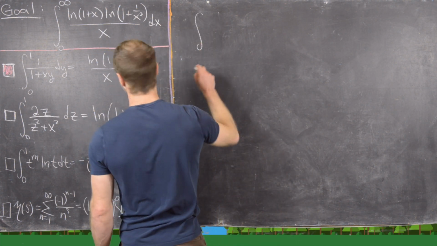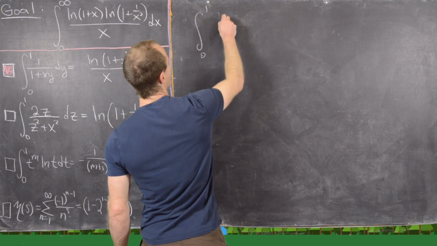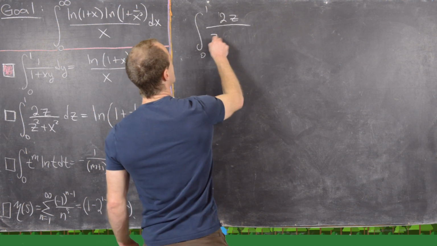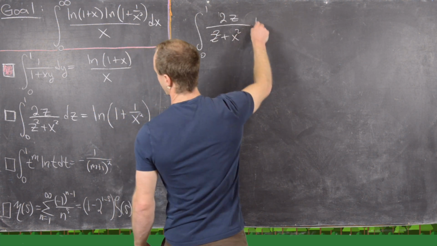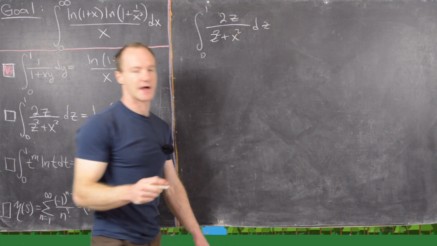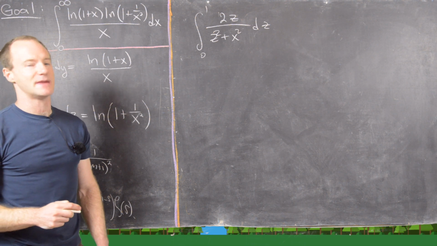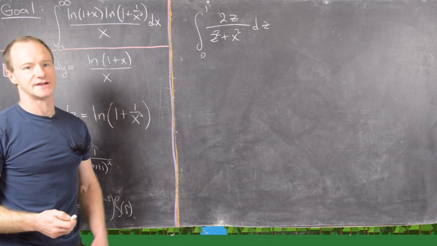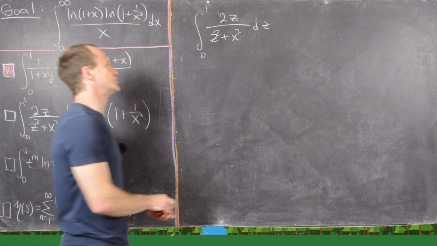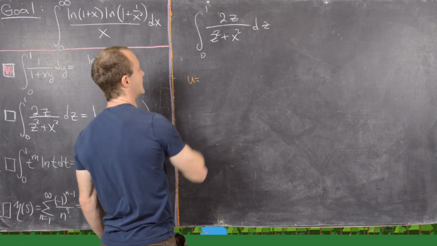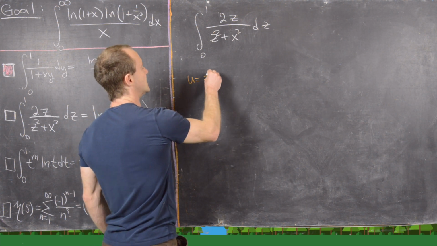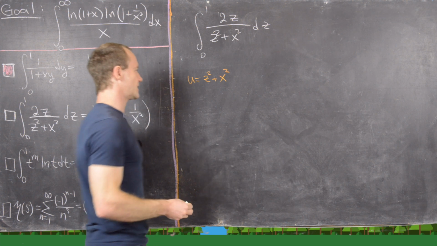So here we have the integral from 0 to 1 of 2z over z squared plus x squared, dz. Again, this is an integration with respect to z, so that makes x squared a constant. So let's do a baby u substitution again. In this case, we'll let u equal z squared plus x squared.